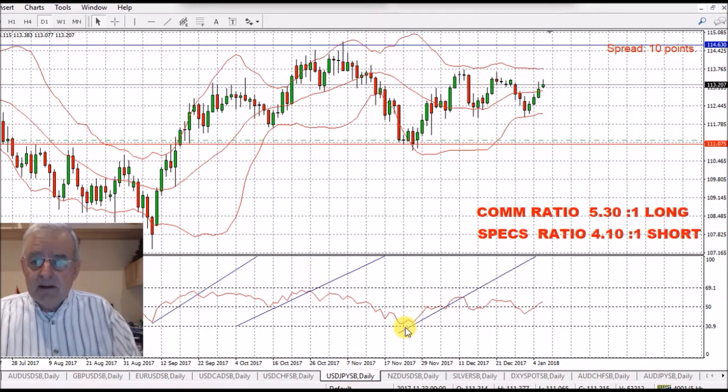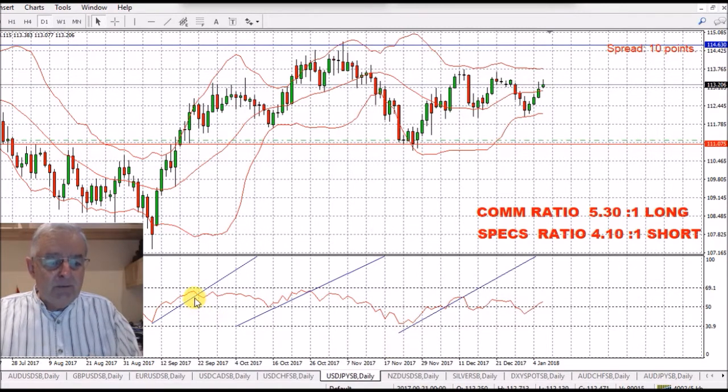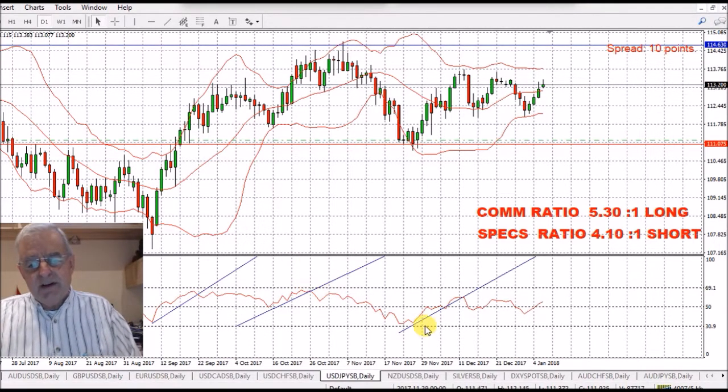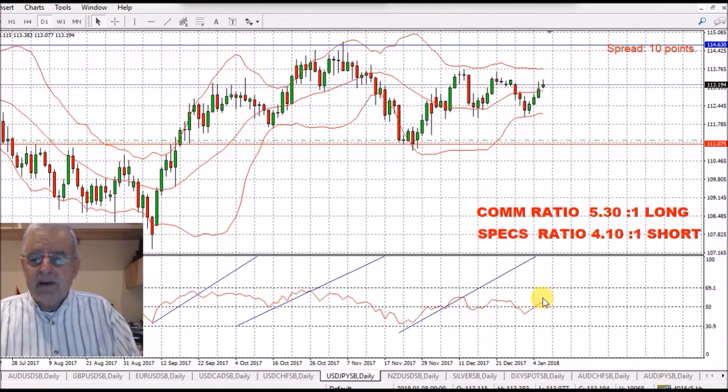USD JPY. We can see all these previous sell signals that we've got here, which would have done this quite nicely. We had another one here which didn't really work all that well, but we would have got out. We've just popped above the 50, and I'm looking for this actually to come back down.